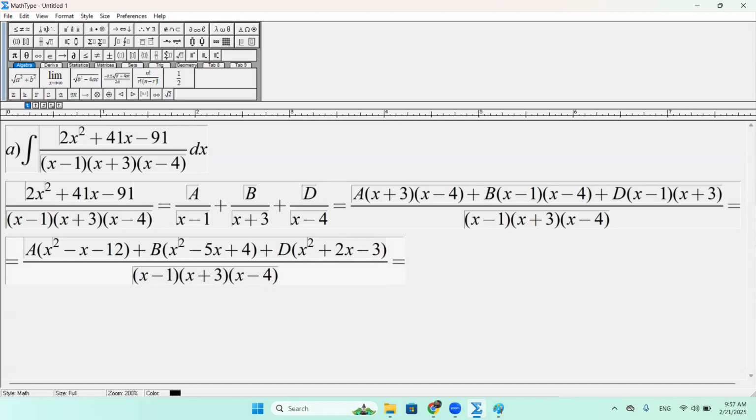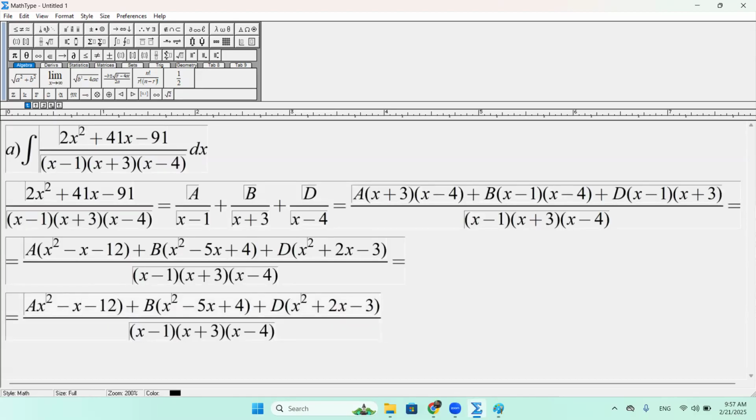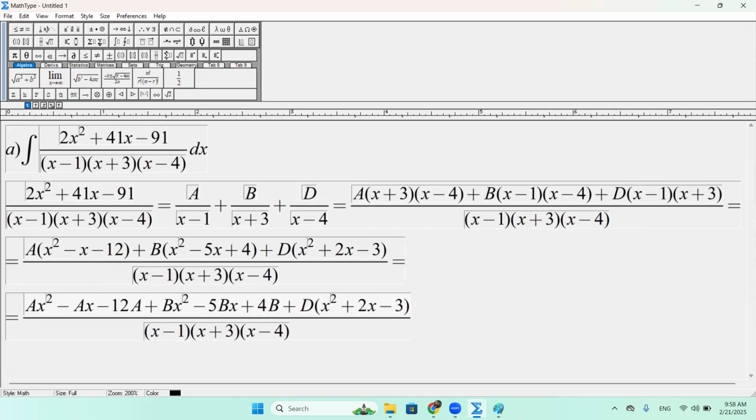And now let's expand brackets finally. So ax squared minus ax minus 12a. Plus bx squared minus 5bx plus 4b. Plus dx squared plus 2dx minus 3d.